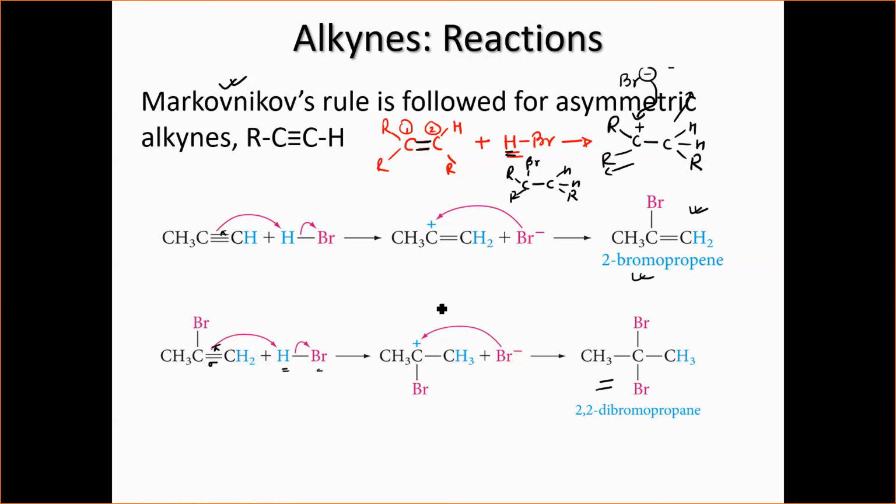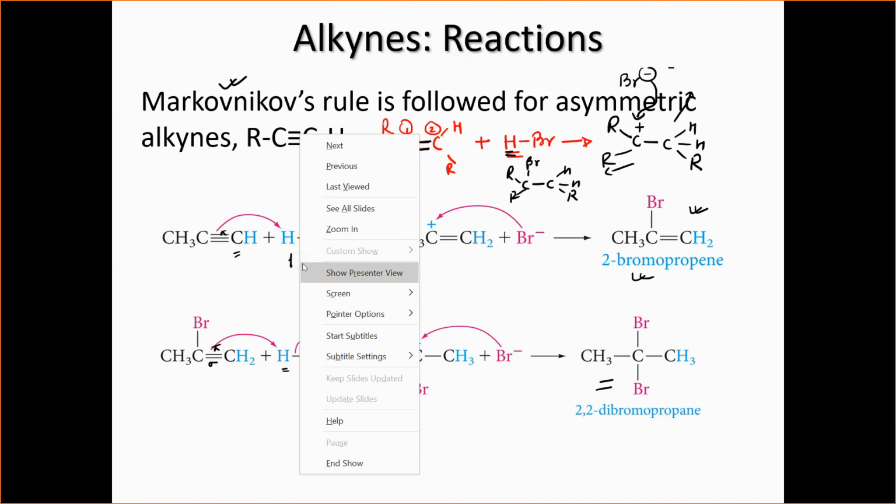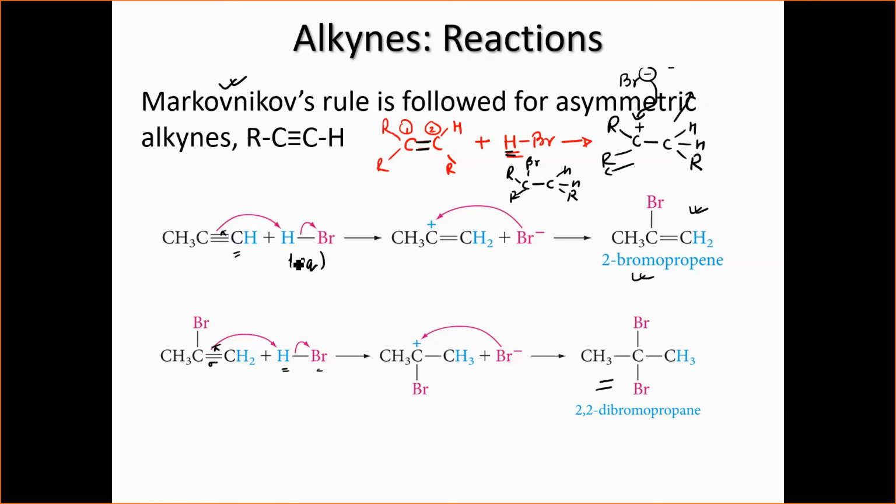In both these stages, it follows the Markovnikov rule. So, a question in the exam, or maybe in your practice questions and answers, might ask what happens if the alkyne reacts with one equivalent of HBr. That means you're going to get only this product. It does not further undergo this chemical reaction.